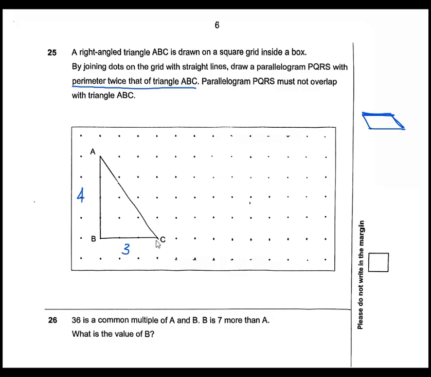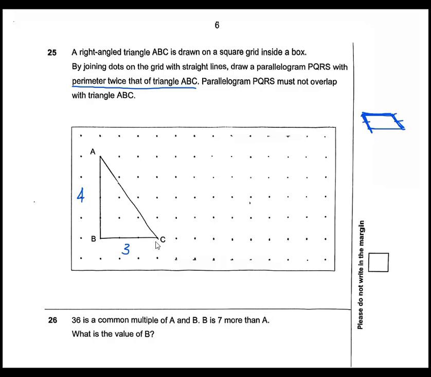If I can draw another line somewhere here like AC, which represents this side here, I will have another line equal in length to this. A parallelogram will have two sides like this, and they are equal in length, which means the total length of this line and this line will be twice the length of AC.